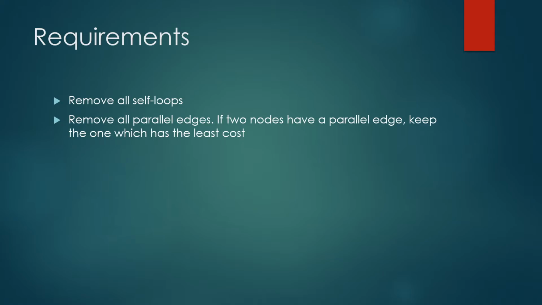And the second thing is you have to remove all parallel edges. That means if you have two vertices, they can't have two edges between them. There can only be one edge per two vertices. And if there are two edges, you just go with the one with the lower cost.